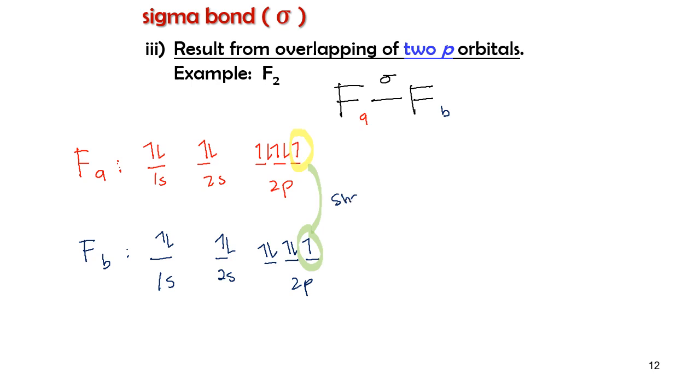They share their electron to form a covalent bond. In this case, you will form a sigma bond. Alright, so how to draw the overlapping? You refer back.